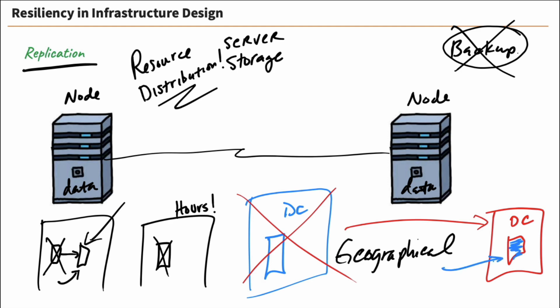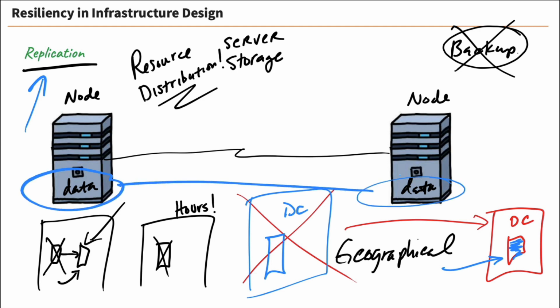So we then point them over here to the other server, and they're able to jump right back in and get back to work, and this will reduce our downtime. So again, replication helps us to increase resiliency, and it does so via resource distribution. We're basically distributing our data between different systems here.